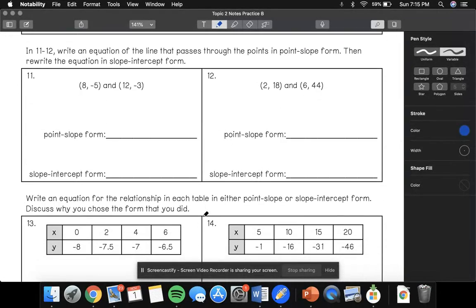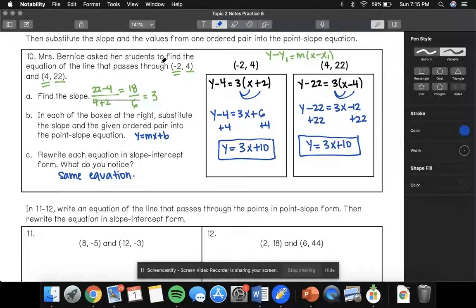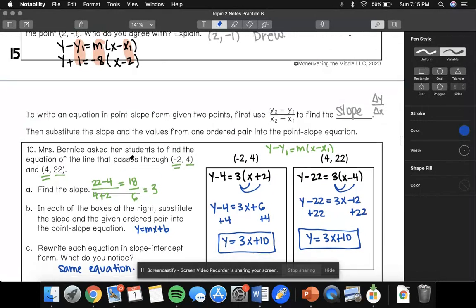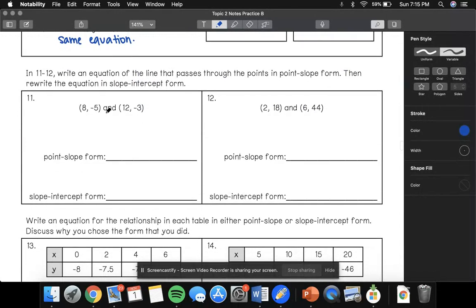These two questions ask us to write the equation that passes through the points in point slope form, then rewrite the equation in slope-intercept form. The first thing, no matter what, is to find the slope. So I'm just going to find the change in the y's.